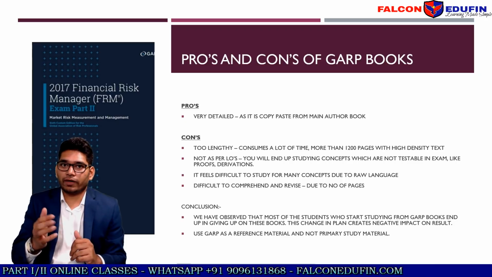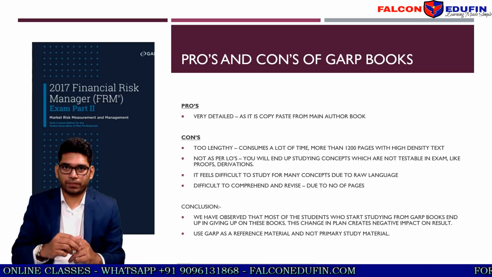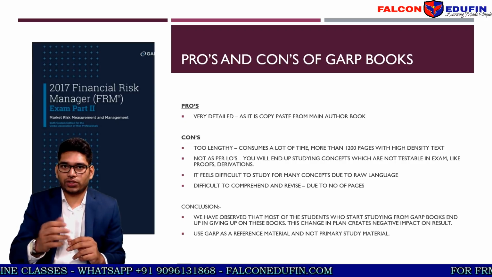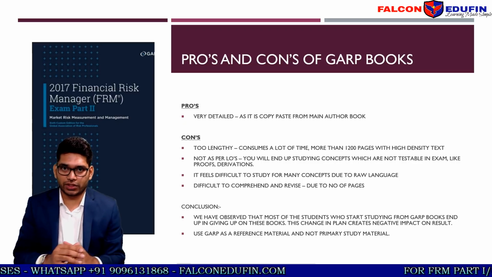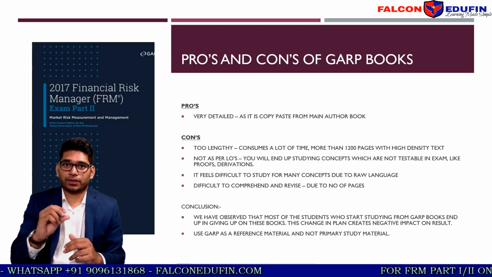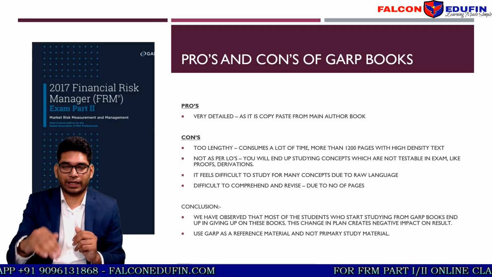Now what is the problem if the book is not as per the learning objectives? I will give you a very simple example. Let's say we have the Bayesian analysis chapter, where you have to study limited pages from that particular chapter. What GARP did was add all the pages from the original author's book into GARP's book.